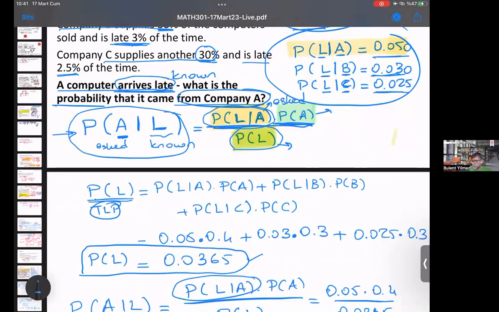It's going to be like the probability of obtaining a late computer when it's coming from company A times the probability of choosing company A, and so on. And then we found the probability of a computer coming late, PL, okay? This is the probability of obtaining a late computer.